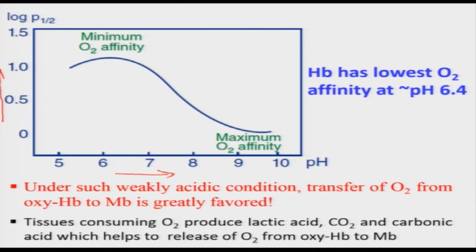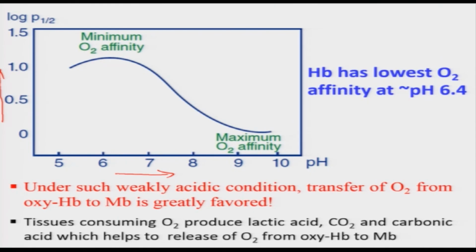In contrast, for myoglobin, the affinity towards oxygen does not change much by changing pH. So, under such weakly acidic conditions, 6.4 being basically a weak acidic condition, transfer of oxygen from oxyhemoglobin to myoglobin is indeed greatly favored.